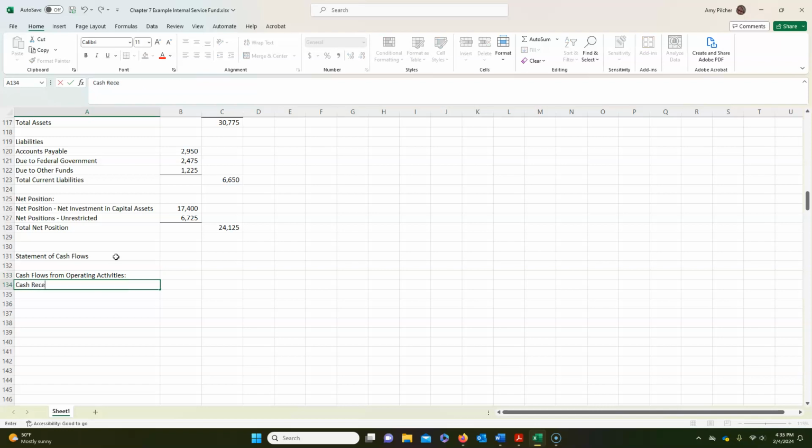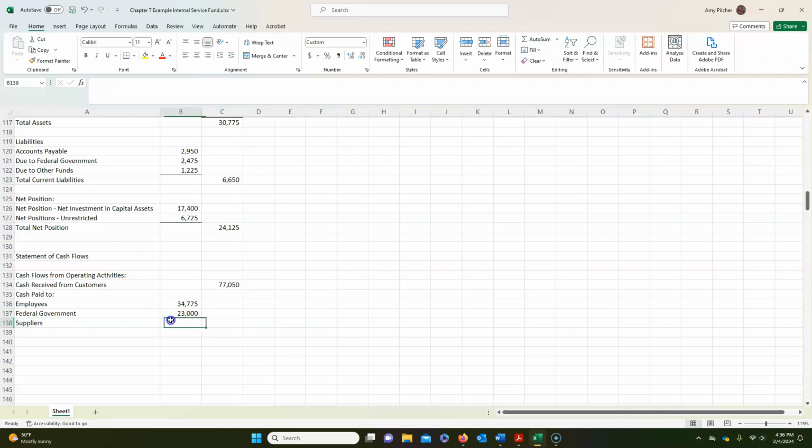We have cash received from customers, and then we have cash paid to employees, the federal government, suppliers, and other departments. I'm going to make all of those negative for formatting.